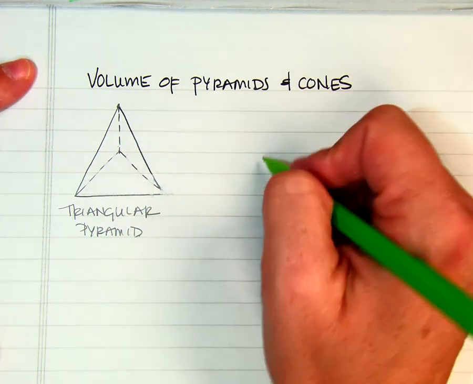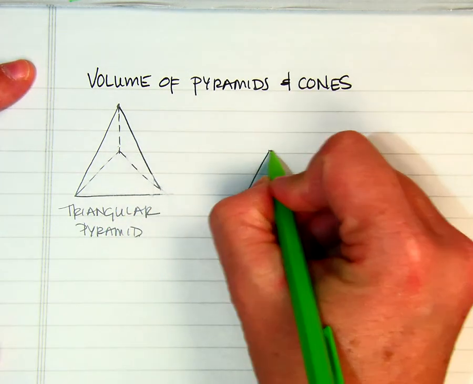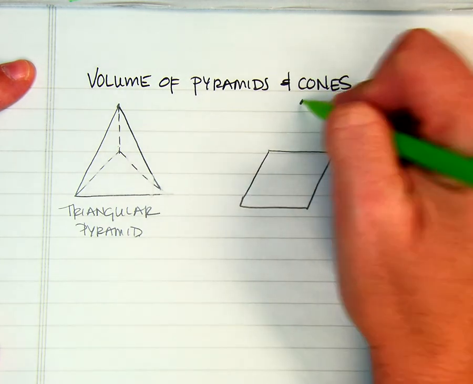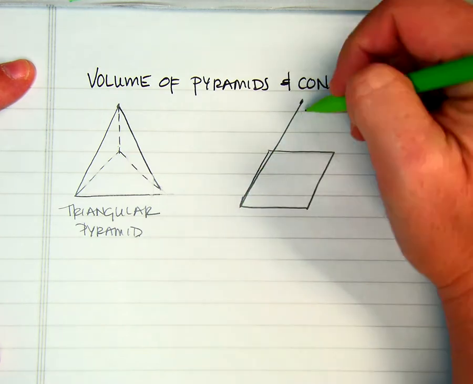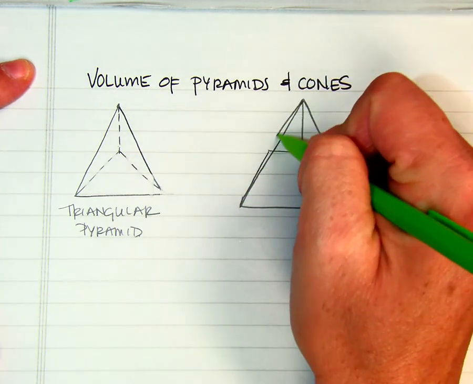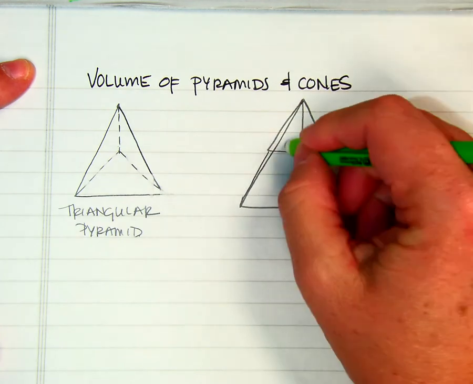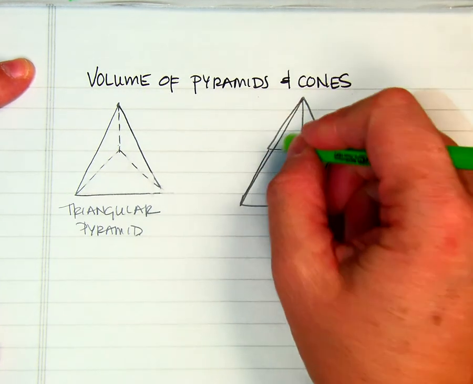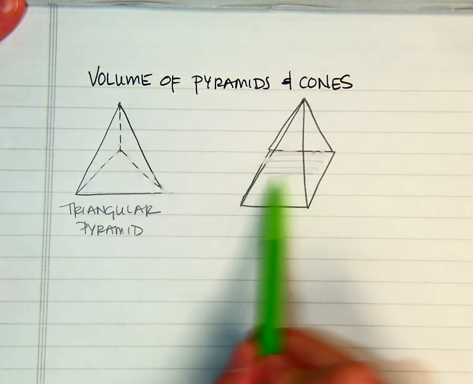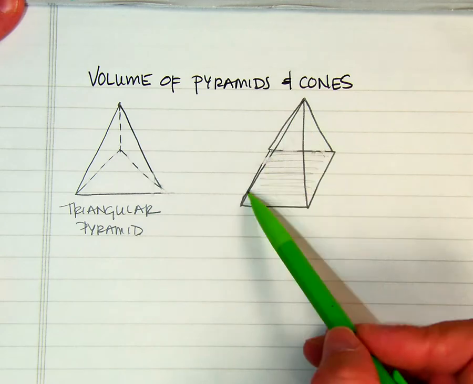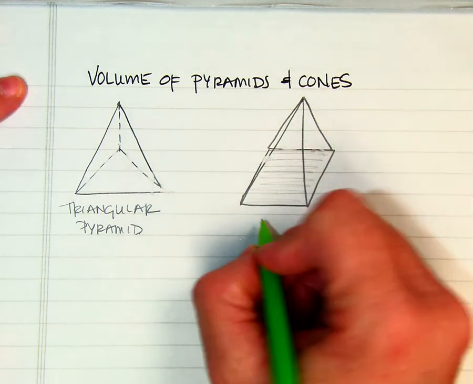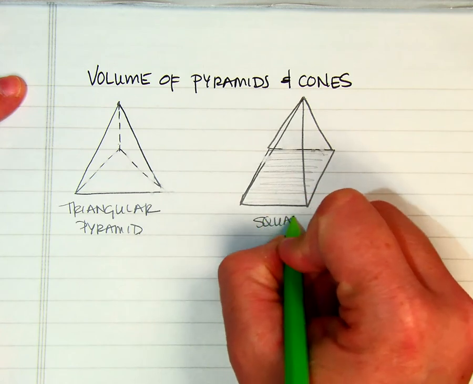You could have a rectangular or a square pyramid. Again, you have your base, and then all the faces of your sides are also polygons that meet at a point. So let's say that this is a square pyramid.